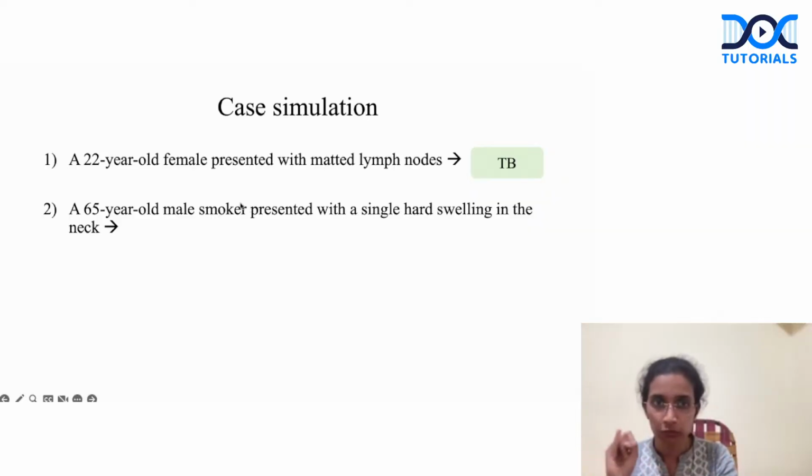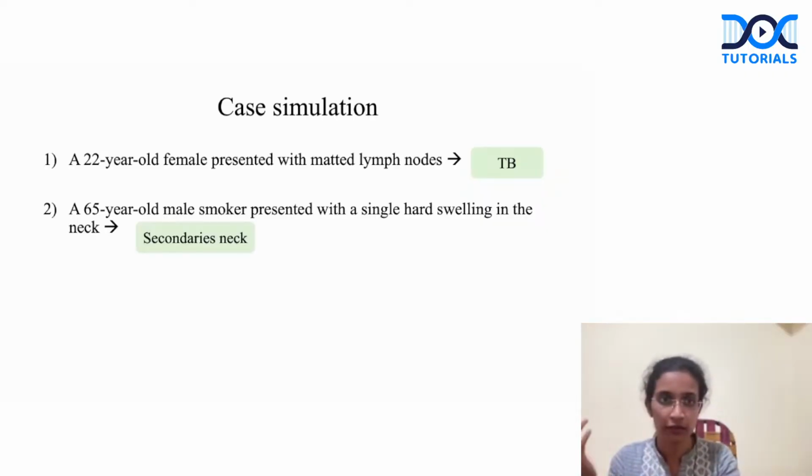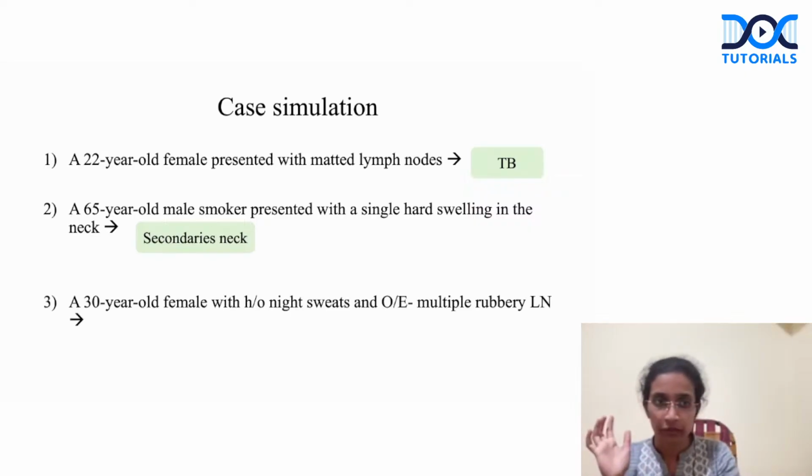Old, elderly, smoker, single. Mostly single means malignancy, early malignancy, right? So single and hard consistency, definitely malignancy. So it could be a secondary. Now search for the primary in the oral cavity or something like the cervical esophagus. That is all we discussed, right?